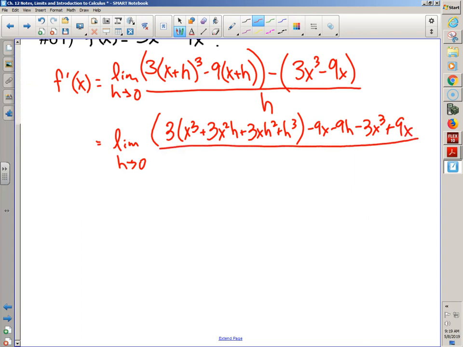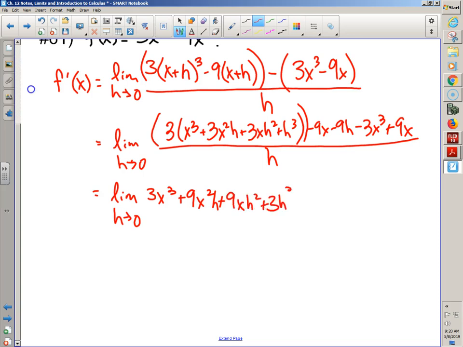You guys see my Pascal's triangle? 1, 3, 3, 1. It makes life easier.